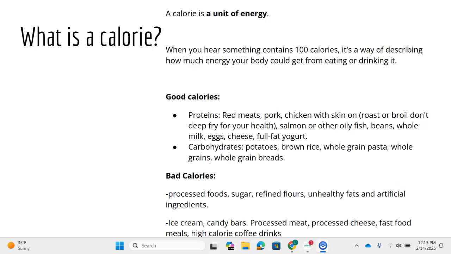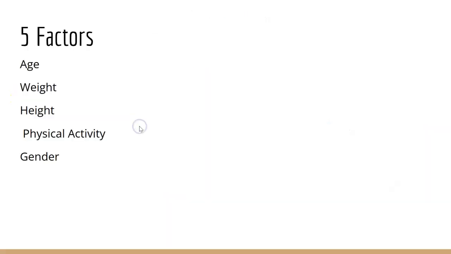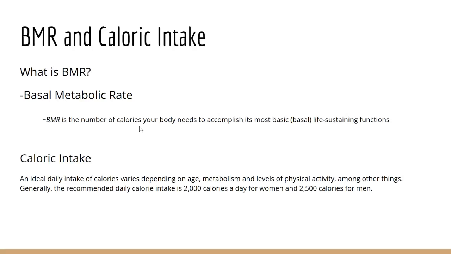So, if you look at what a calorie is, we are going to actually go through what our basal metabolic rate is, which is a calculation of the number of calories our body needs to accomplish the most basic life-sustaining functions. So that is called our BMR. And then we'll find our caloric intake.